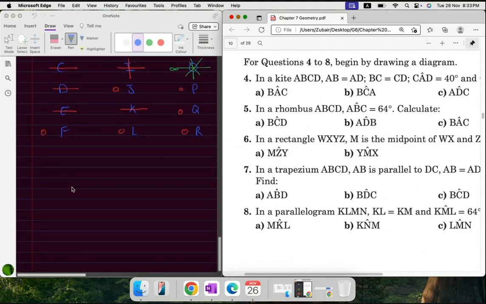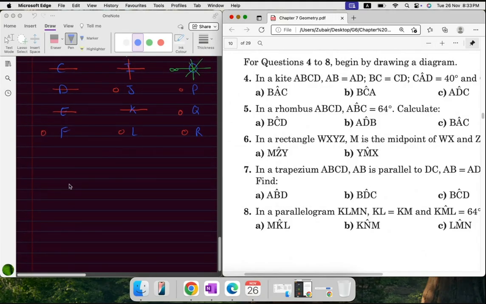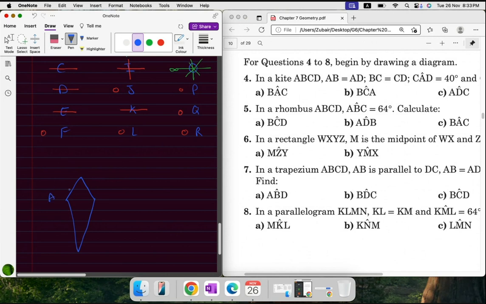We first draw a kite, A, B, C, D. It says AB is equal to AD, and then BC is equal to CD.